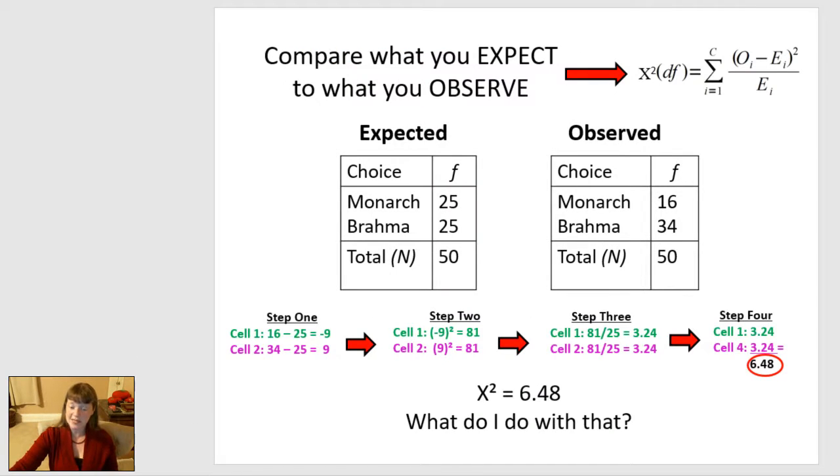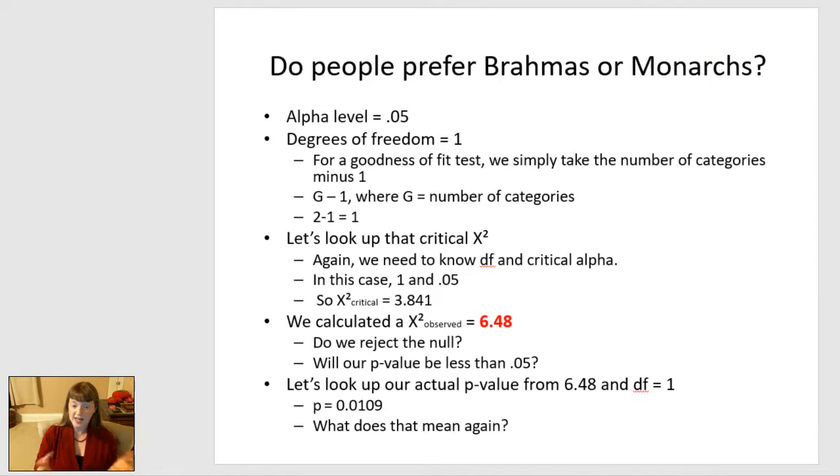And so what we did is we simply compared what we observed to what we expected, by subtracting, and I call each of my categories a cell, kind of like we did in ANOVA. Cell 1, cell 2, category 1, category 2. Then I squared them, then I divided, and then I added to get 6.48. I compared that to my critical value of 3.84, and I rejected the null hypothesis.